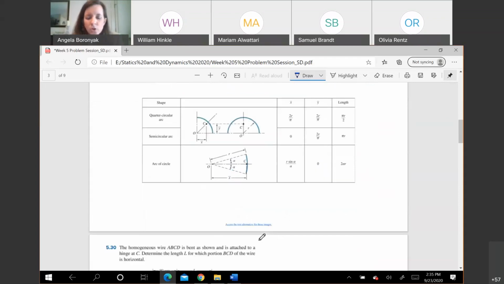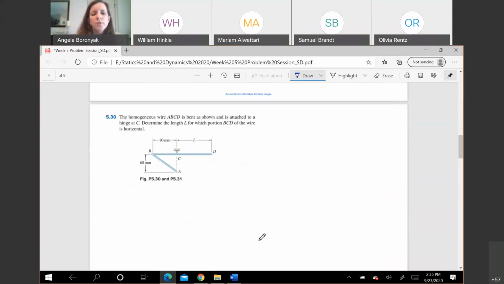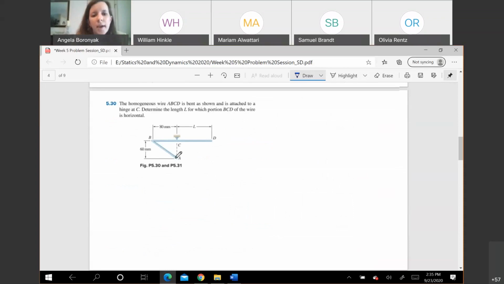Okay, so we're going to use our properties of knowing how to find a centroid now to solve this problem here. I have a homogeneous wire, ABCD, and it's bent as shown, and it's attached to a hinge at C. I want to determine the length L, this distance from C to D, for which the portion of BCD wire is horizontal.